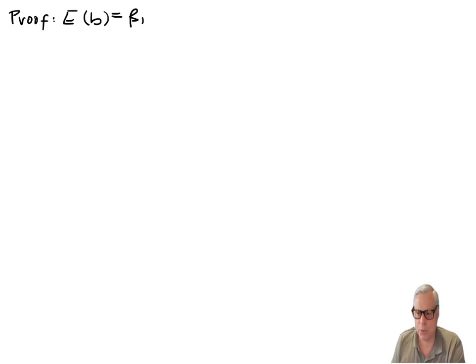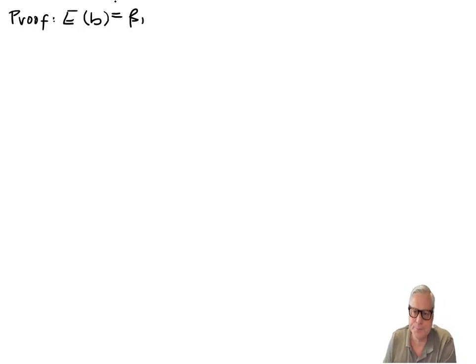What we try to prove is that the expected value of B is equal to the true population parameter beta 1. And we start with the slope coefficient because, if you remember, the solution for the intercept was A equals y bar minus B times x bar. So we need to have B first.